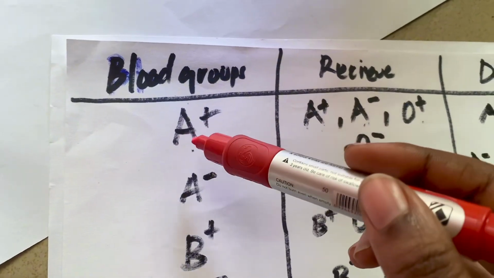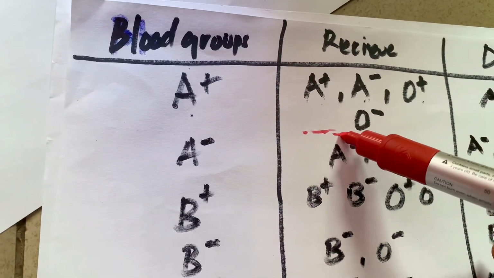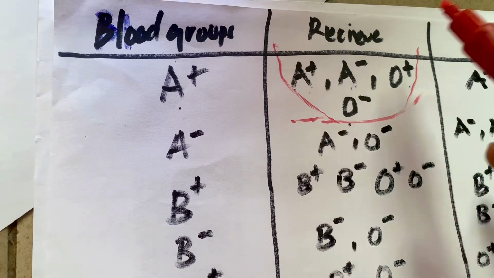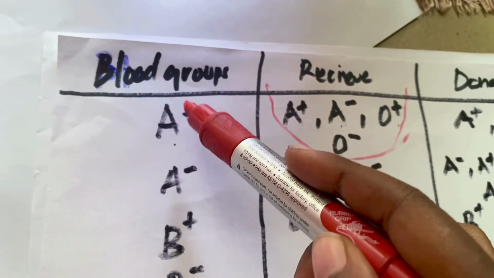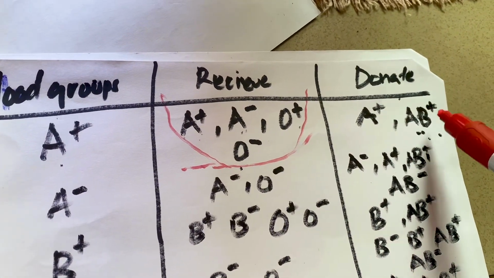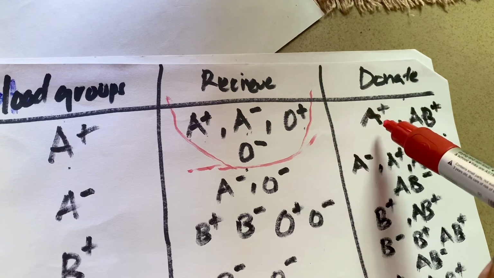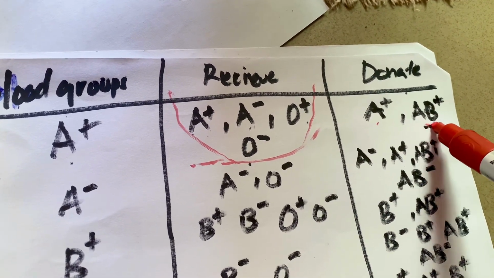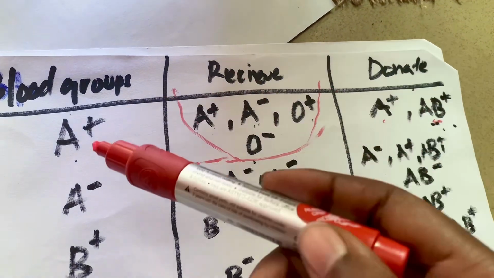So the people who can give to A positive are these ones here. And of course, A positive can only donate to A positive and AB positive. The reason I've already said: same antigens, and also here same antigens, but this one doesn't even have antibodies, so it cannot even react to that blood.